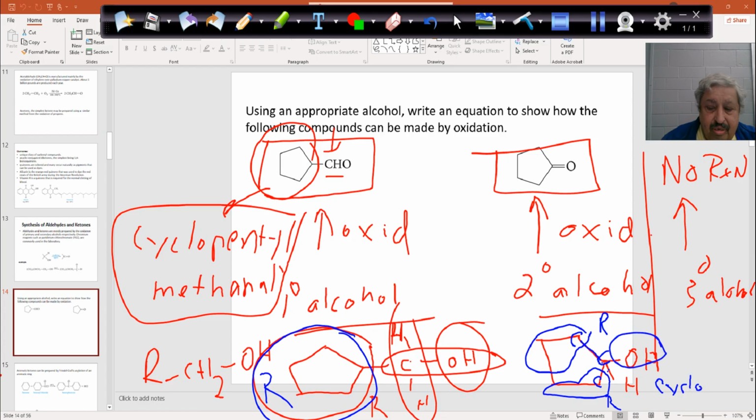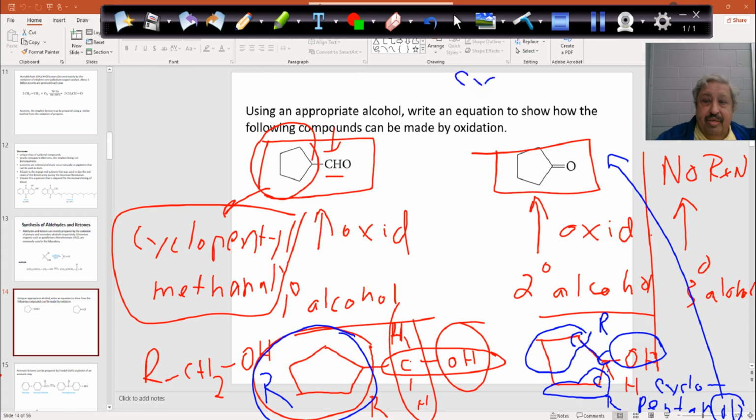That's an alcohol, and the whole ring is part of the carbon connected to the OH. You can number it, but it does not have any effect. It's number one, cyclopentanol. And then when it goes there, it will be the same thing, cyclopentane.